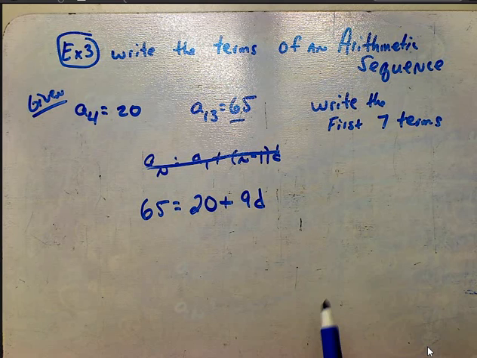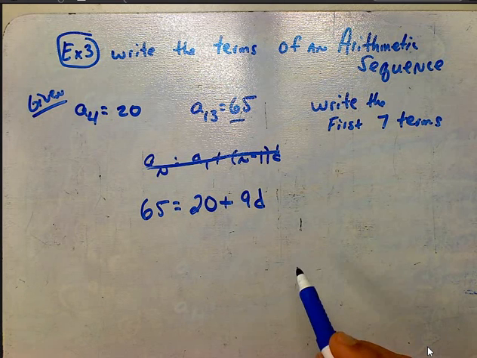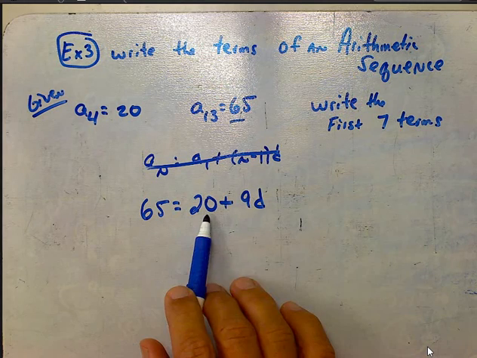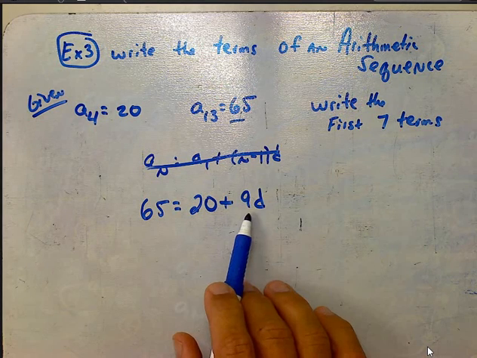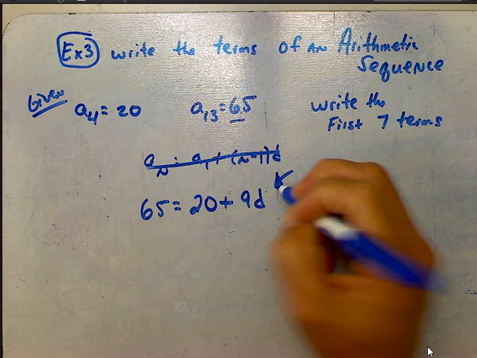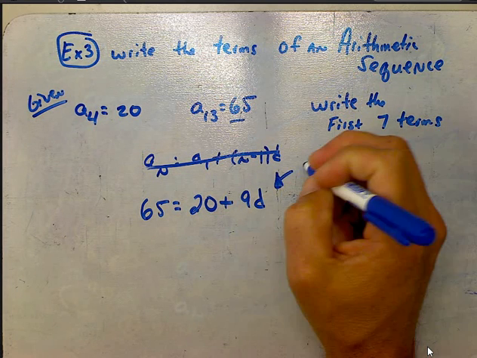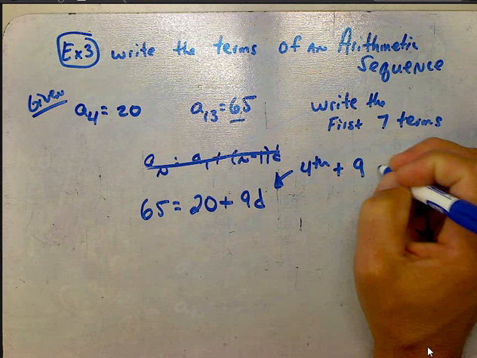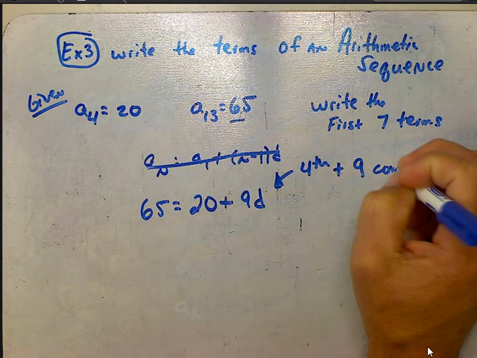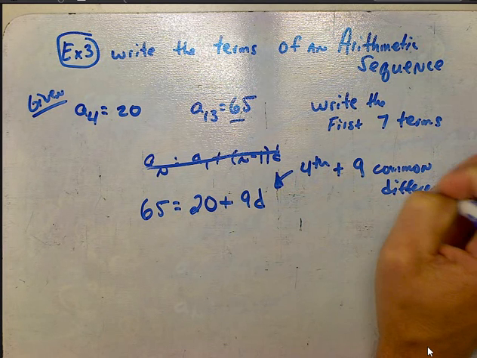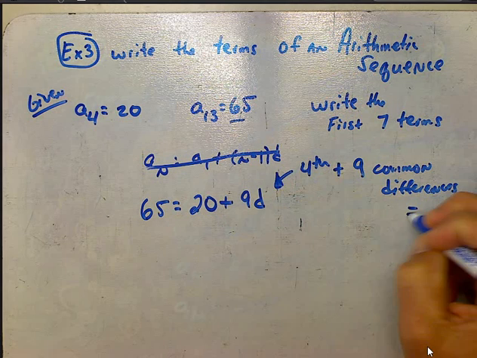Well, I know that the 13th term is going to be the fourth term plus 9 common differences. Write that out. If I take the fourth term plus 9 common differences, it'll equal the 13th term.